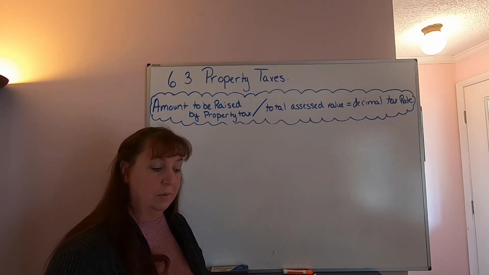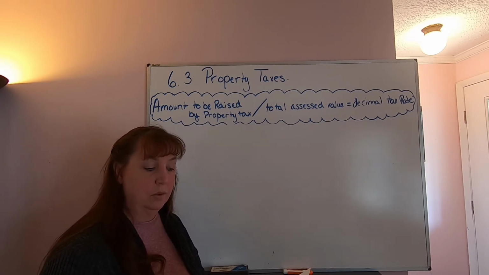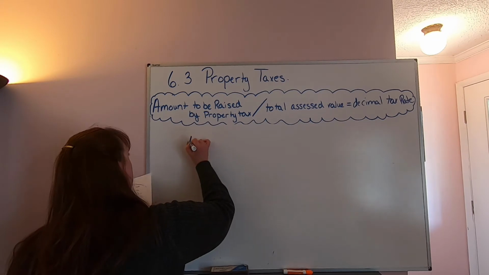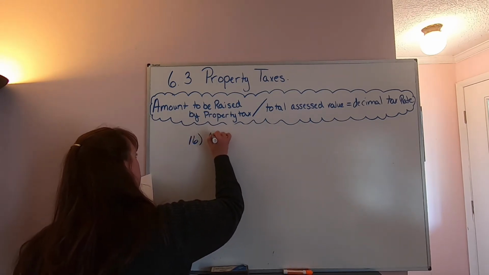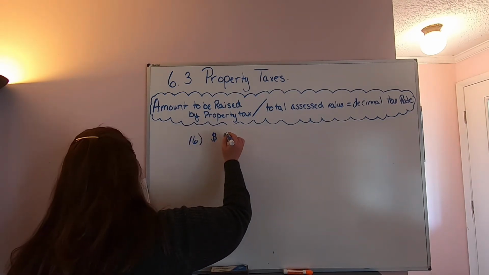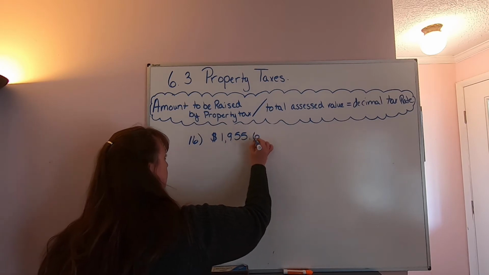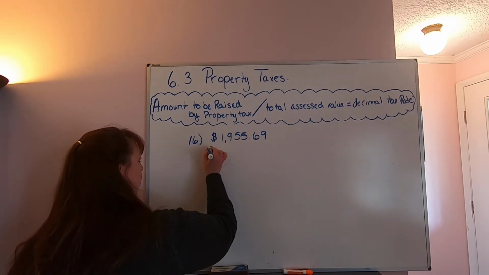Then we times that decimal, which was 0.0773, times 25,300, and we got a tax of $1,955.69.